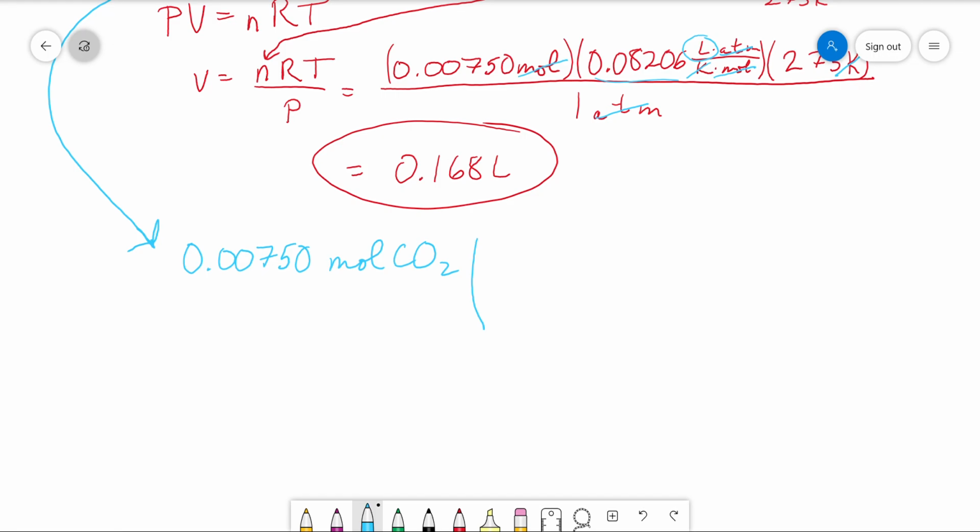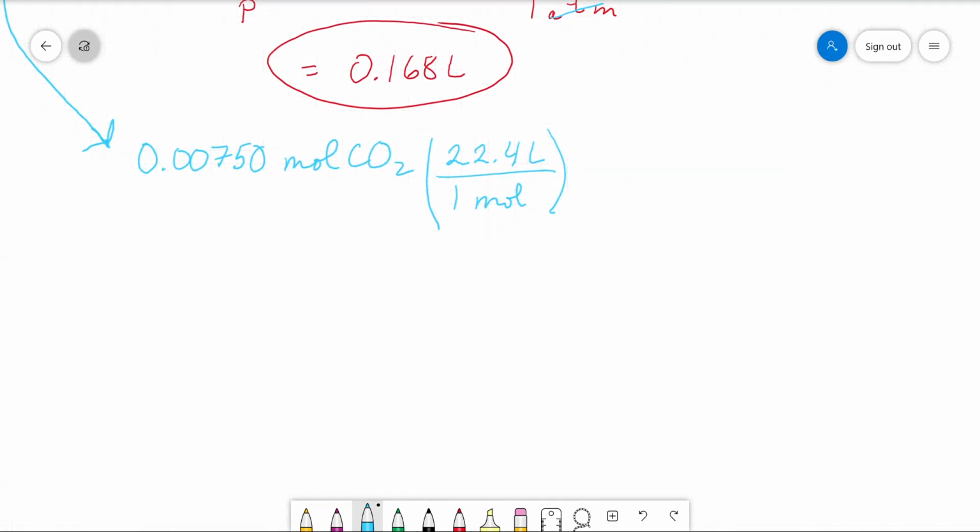But for homework and exams, all gases are ideal. We know the molar volume of a gas is 22.4 liters per 1 mole, and if you don't know where this is coming from, go back and watch that molar volume of a gas video. Moles cancel out. And guess what we get? 0.168 liters. That only works at STP though, okay? Just keep that in mind.